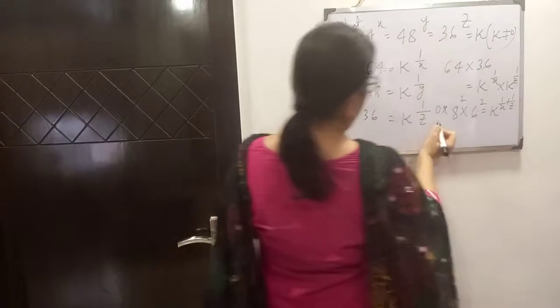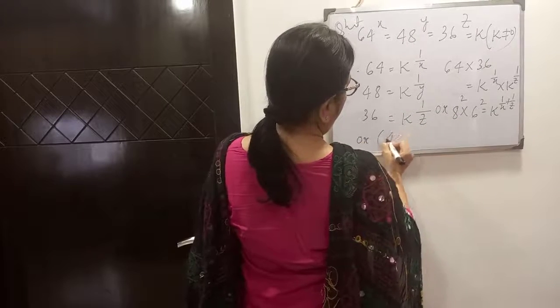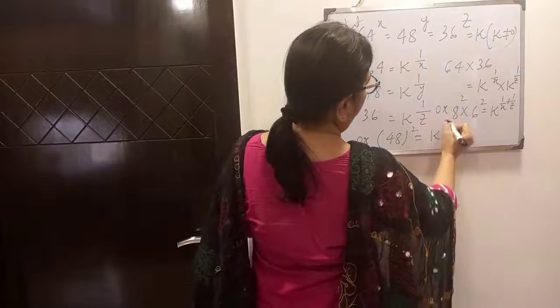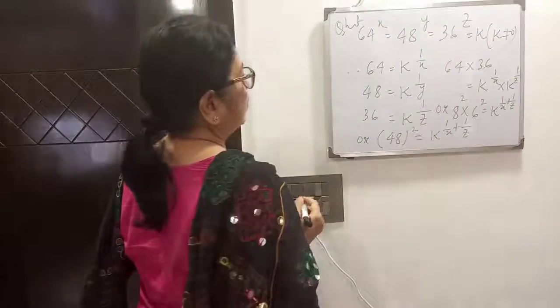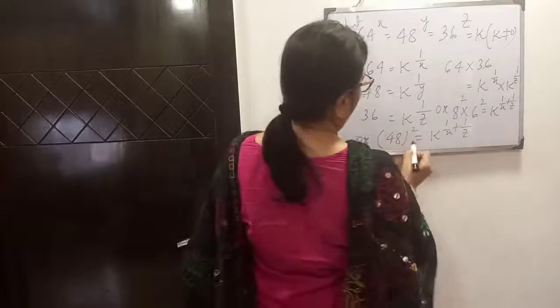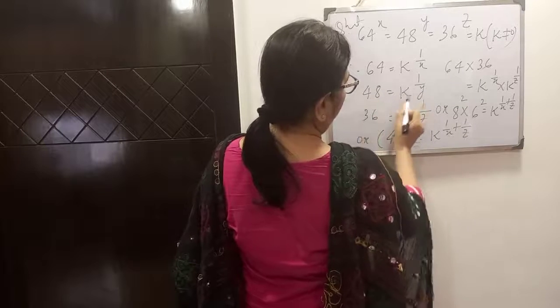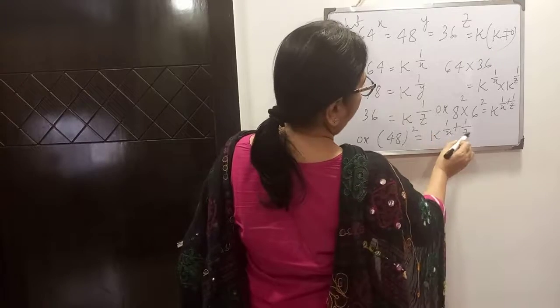Now 8 into 6 means 48 whole square equals k to the power 1 by x plus 1 by z. Why have I done this? Now you see, after this we have got 48, and on the right hand side we have got x and z.